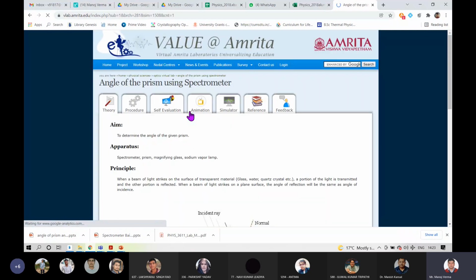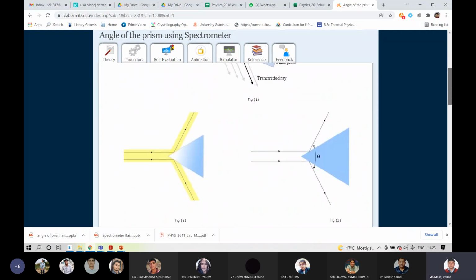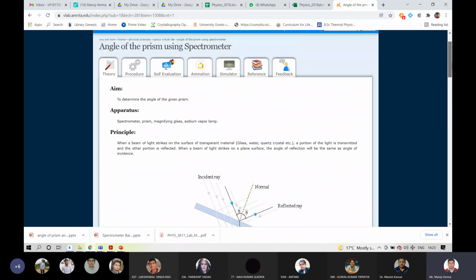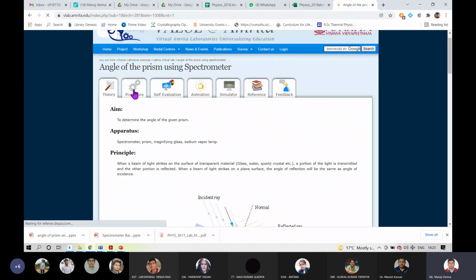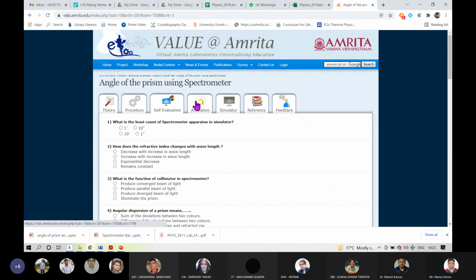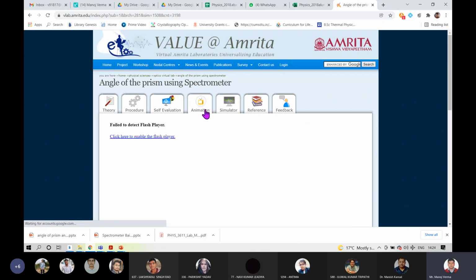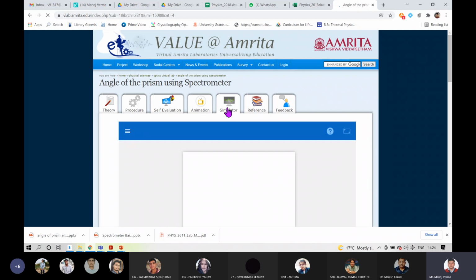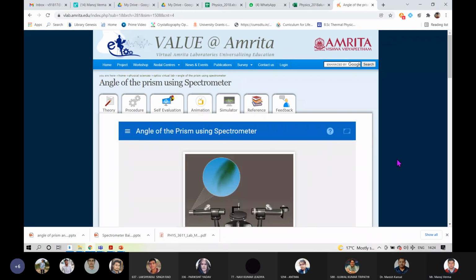When you click on this, it will give you some basic theory about this experiment, how we have to perform this. It will give you some procedure, some question and answer about this, and the animation. And the simulator is actually the link for the virtual lab.